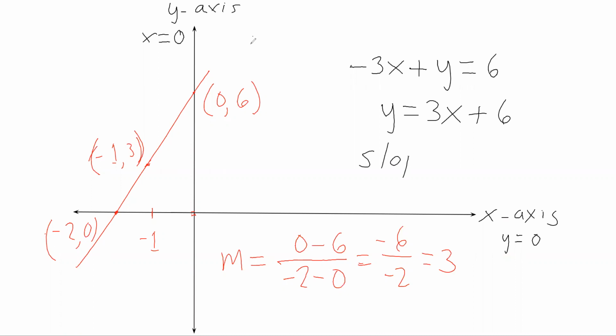The reason it's called slope-intercept form is because the slope and the y-intercept figure significantly here. Specifically, 6 is the y-intercept. It's a matter of perspective. Technically, points have 2 coordinates, 0, 6.